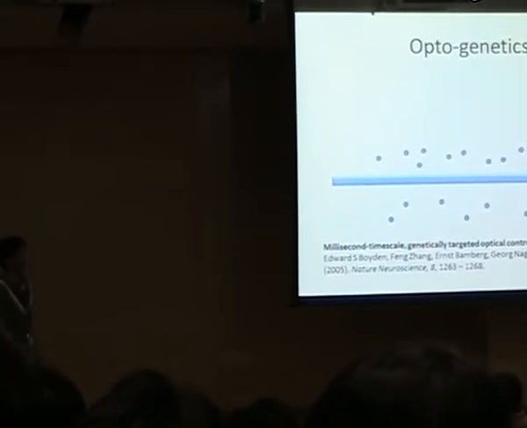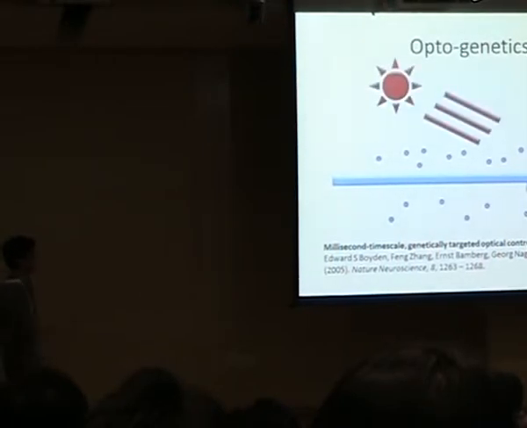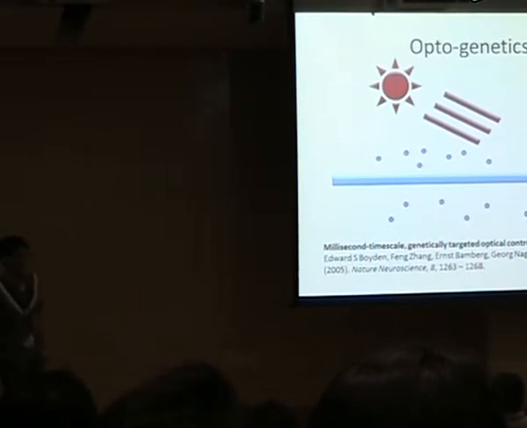When this is packaged into a virus, which delivers it to the neuron that you want, a protein is produced that responds specifically to light. And when you shine light on this protein, it will actually open up and depolarize the membrane or hyperpolarize the membrane, thus leading to neuronal activation or deactivation.